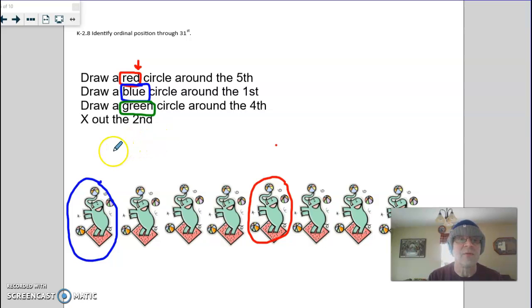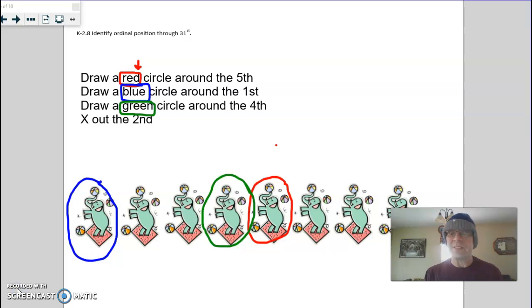So let's count to the fourth elephant. 1, 2, oh, no, sorry. Go back, Mr. B. First, second, third, fourth. And I'm going to make sure I have my green crayon and draw my green circle there around my fourth, because that was what the instruction said. Draw a green circle around the fourth.